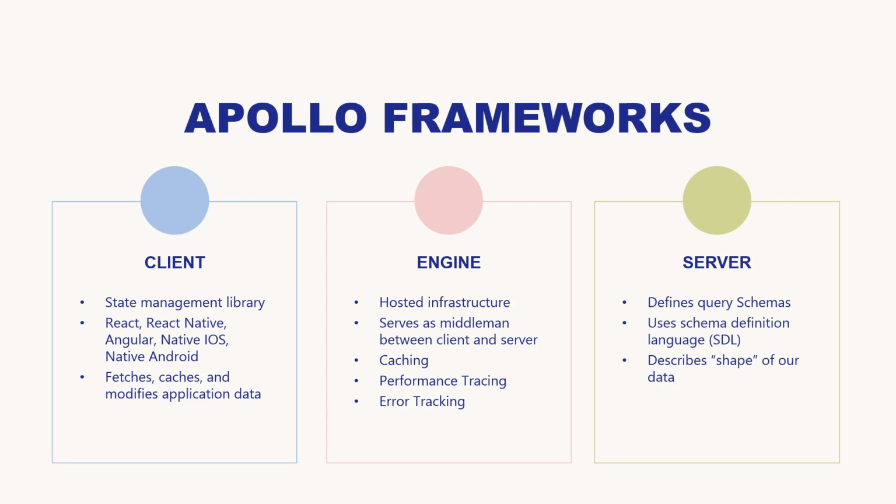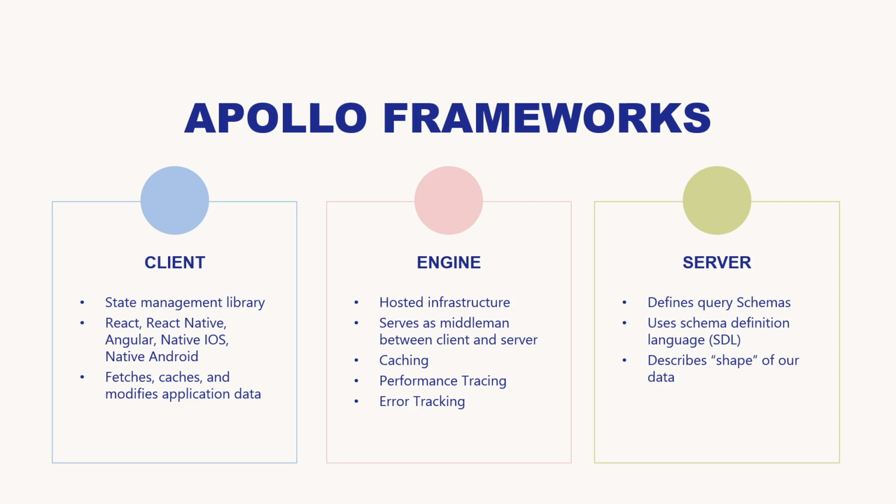So the Apollo engine is a hosted infrastructure. It's like a middleware tool that is used basically as a monitoring and also optimization tool. So it has features like caching, performance tracing, and error tracking. Particularly with caching, this can be used to minimize page render times.